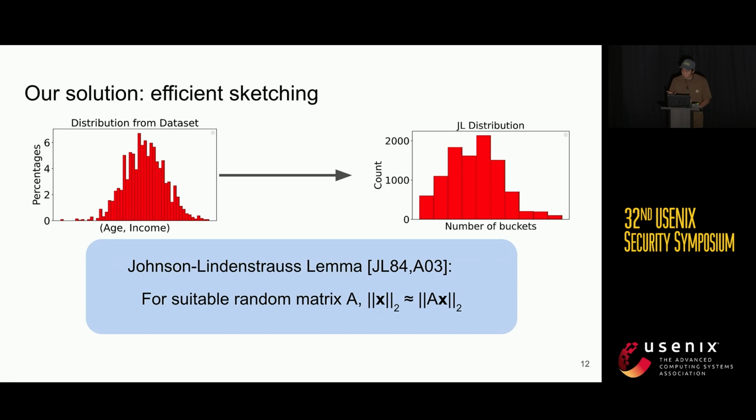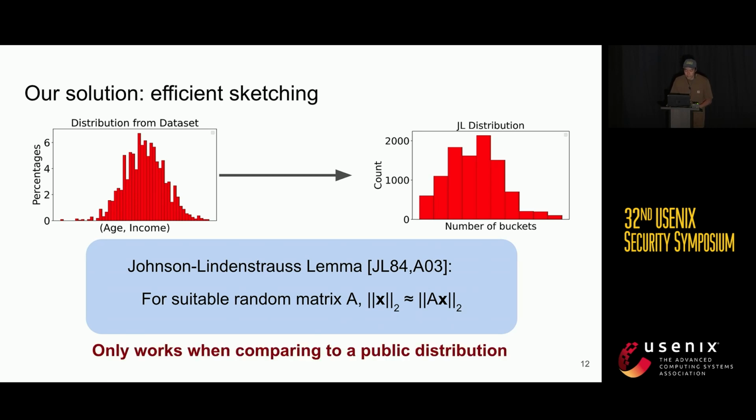The way that we can randomly project this into a constant number of columns is using the Johnson-Lindenstrauss lemma, which says that the norm of this histogram vector is going to be preserved if we multiply some pseudo-random matrix with a constant number of rows by this histogram vector.